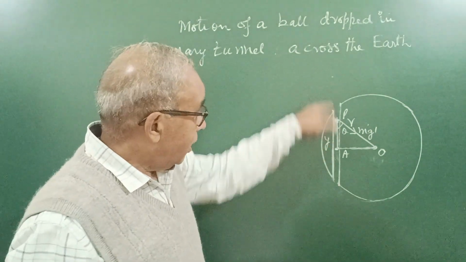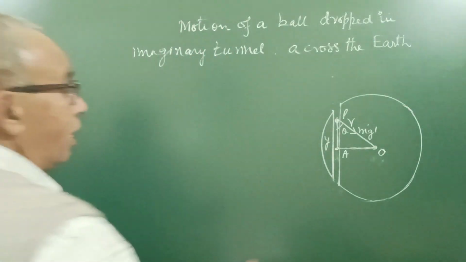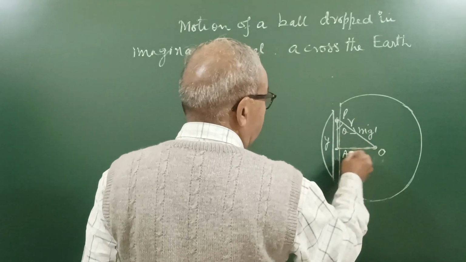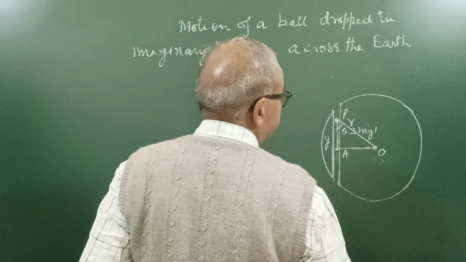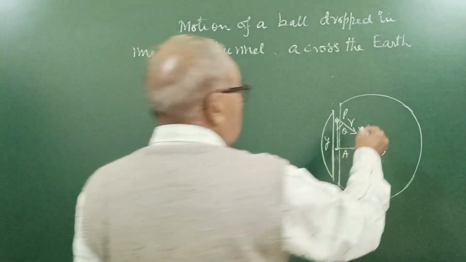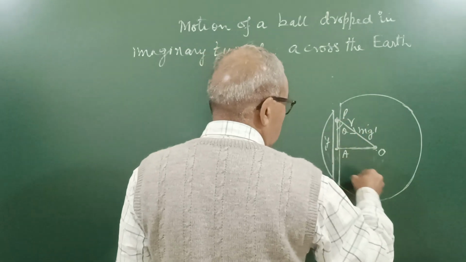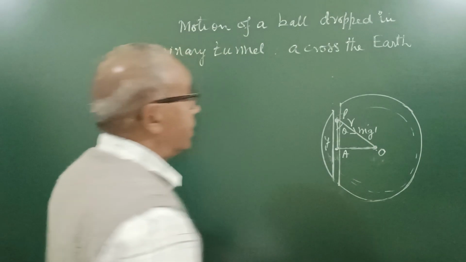We can prove this motion to be simple harmonic. Let at an instant the ball be at a distance y from point A. This is r. Now the ball is at depth, at distance r from the center of the earth. So the mass of the sphere will attract.